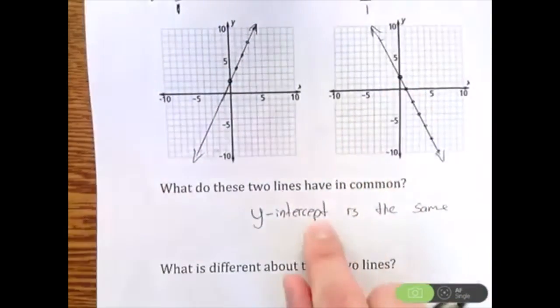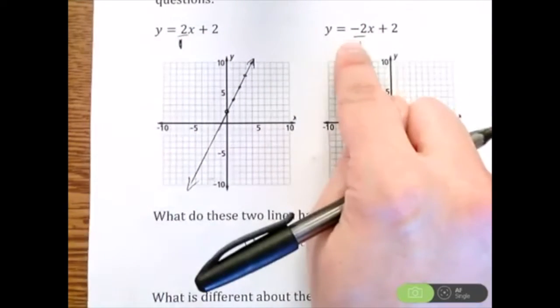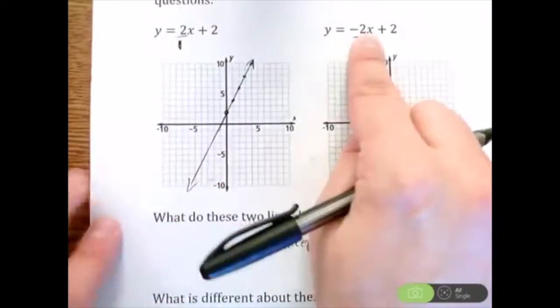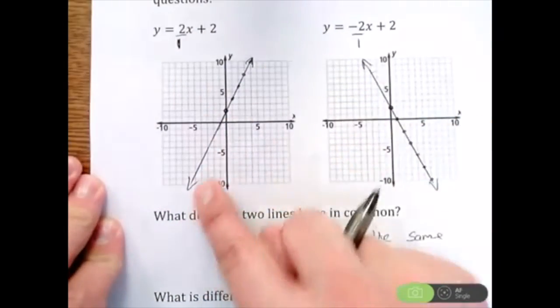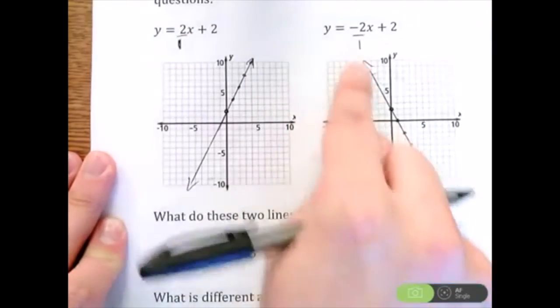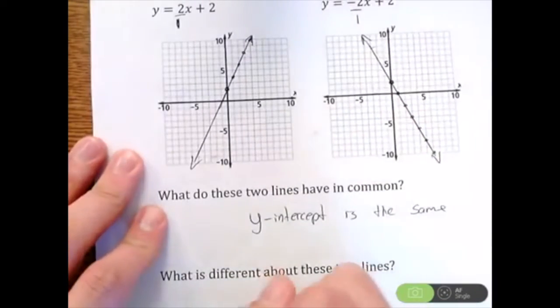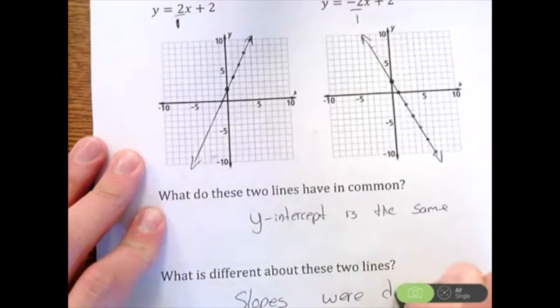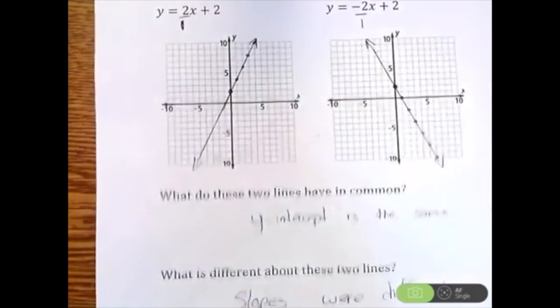What's different, if you notice the slope, is that they're very similar, except this is positive 2 and negative 2. Remember slope: positive slopes, we're going upward from left to right. Negative slopes, we're coming down as we go left to right. So these slopes were different.